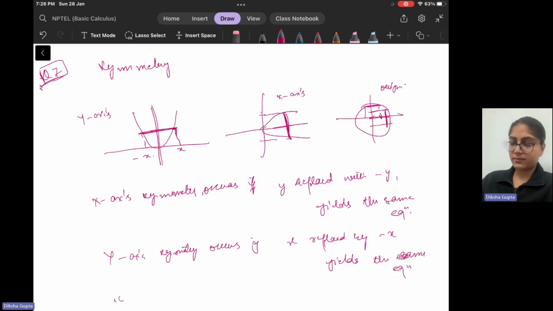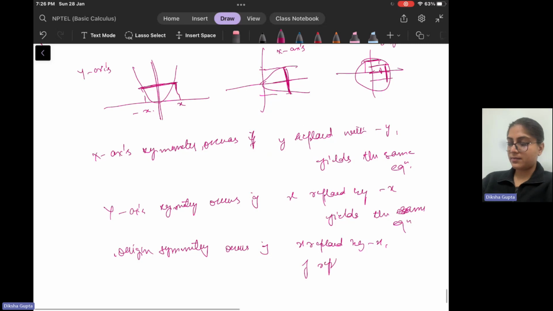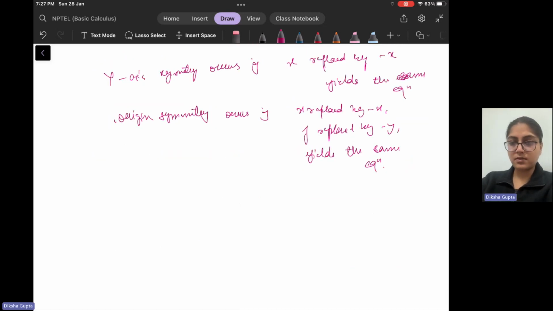And origin symmetry occurs if x replaced by minus x and y replaced by minus y yields the same equation. All right, now examples.